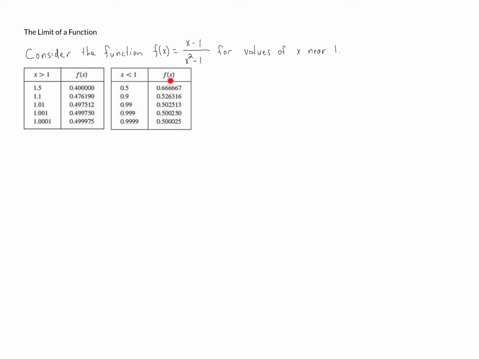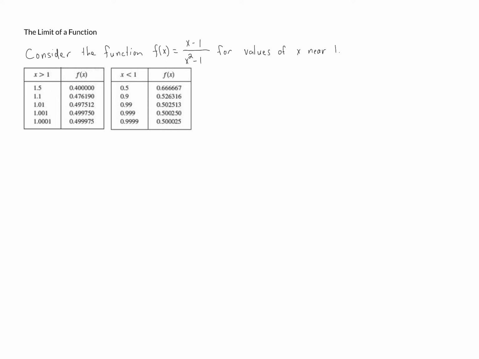Now, in this case, if we look at the function value, we start with 2/3 when x is 0.5, and then as we get closer and closer to x equaling 1, the function values in this case are getting smaller and smaller, and it looks like they're getting closer and closer to 0.5, similarly to how the other function values were getting closer and closer to 0.5. Now, these are larger than 0.5 and these are smaller, but that's totally fine. In both instances, on both sides, we are getting closer and closer to 0.5.